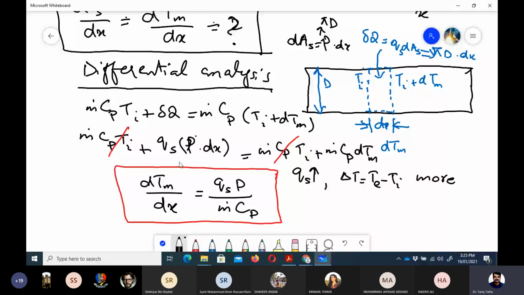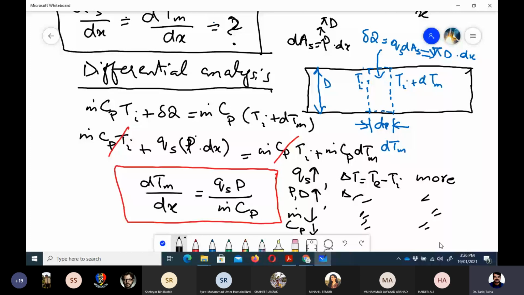If the perimeter P, which is directly proportional to diameter, is more, then delta T would again be more. If m dot is less, it means less fluid is coming in, and the temperature rise would be more. And the Cp value: if the fluid can be heated quite easily, then the temperature rise would again be more.